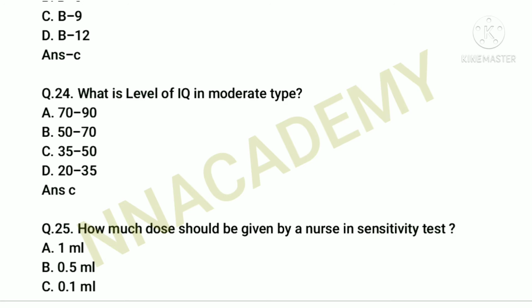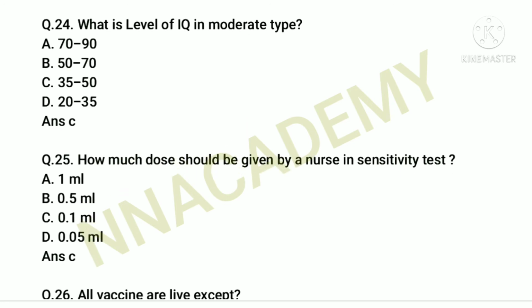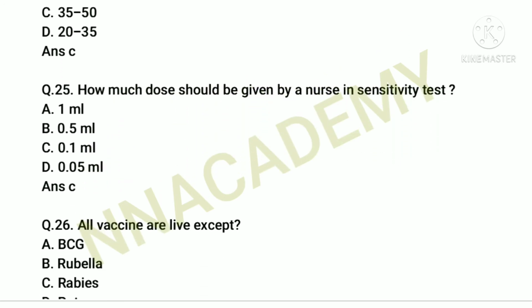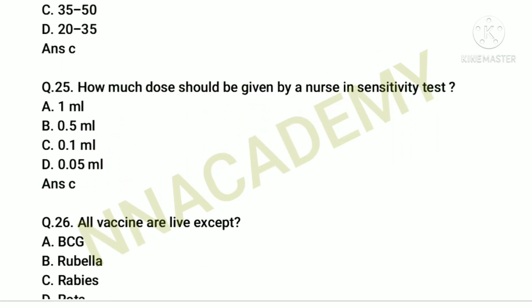And next question, which dose should be given by a nurse in a sensitivity test? So options are option A 1 ml, option B 0.5 ml, option C 0.1 ml, and option D is 0.05 ml.